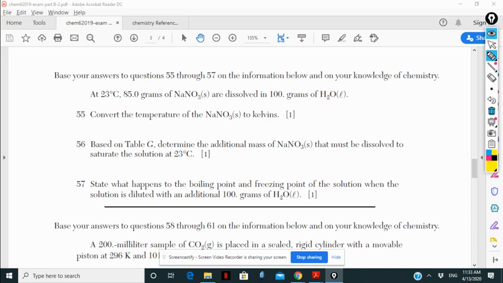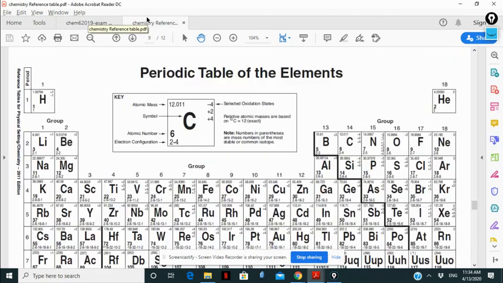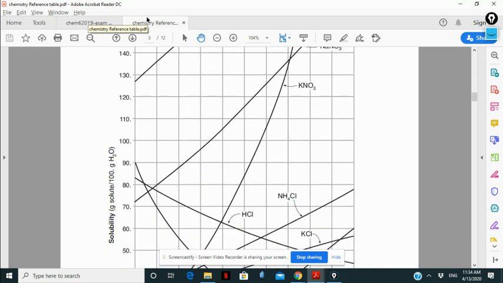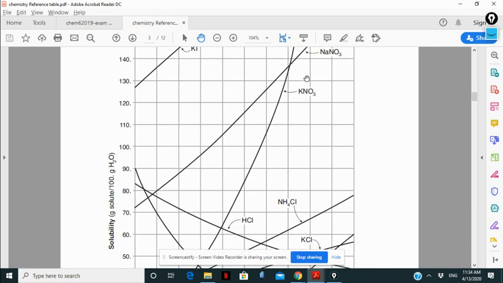Now, based on Table G, determine the additional mass of sodium nitrate needed to saturate the solution at 23 Celsius. So I'm looking for the saturation for sodium nitrate at 23. So I'm looking here, that's the line for sodium nitrate.